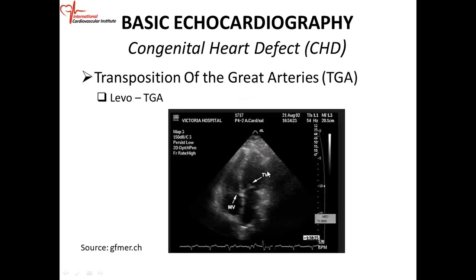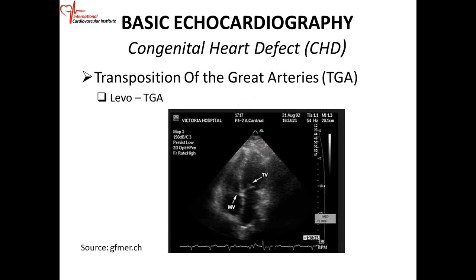Okay? So again, basic anatomy, the lowest AV valve is going to tell you the right ventricle from the left ventricle. So by just looking at it, you're going to say, well, this is the right ventricle. But what you're going to see is that the right ventricle is going to pump blood into the aorta, which is abnormal.